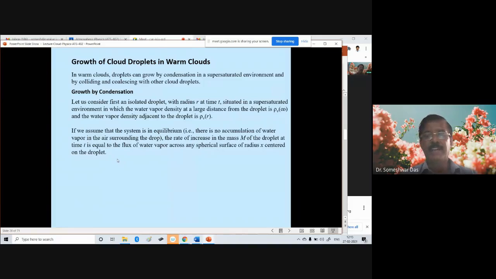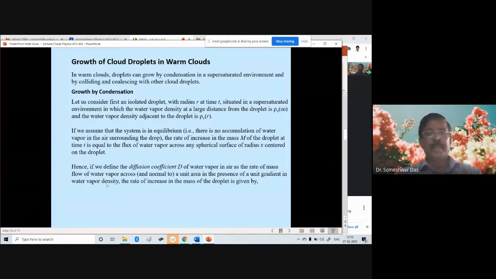We are basically trying to develop an equation to compute the rate of change of mass of the cloud droplets with time, or the rate of change of the droplet size or radius with time. That's what we're trying to develop equations for.